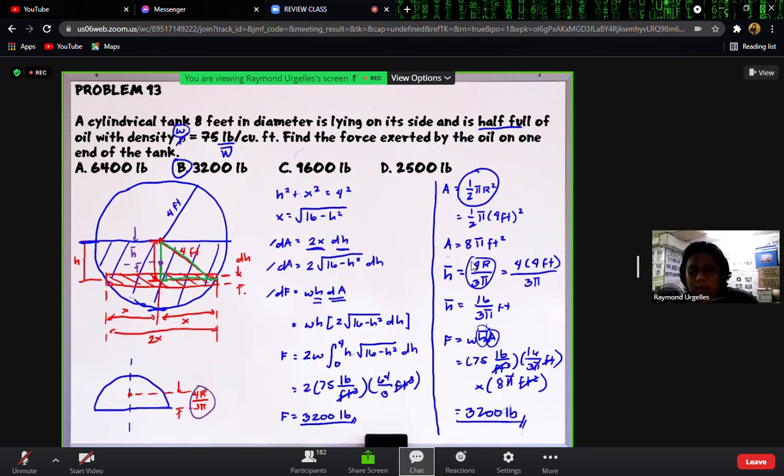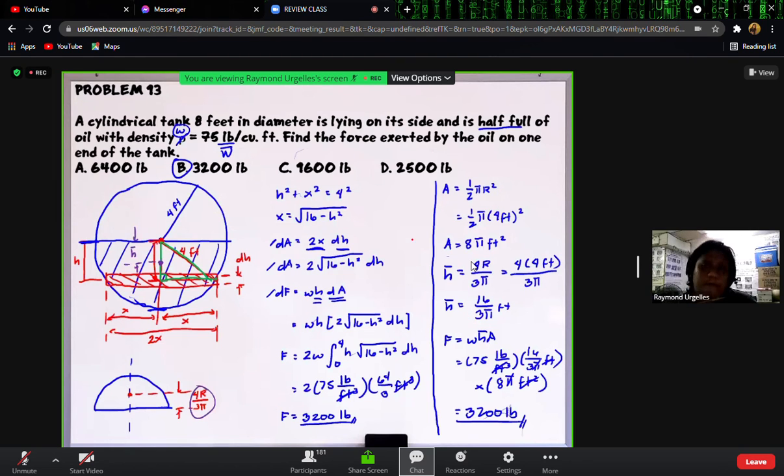So then tignan nyo kung ano yung magiging form ng equation, diba? Pero syempre limited lang siya dun sa mga figure, with the diameter at the surface, tapos semicircular shape, diba? So pero again, for different shapes, pwede nyo i-derive yung iba't ibang formula na pwedeng gamitin, diba? So pero kayo na yung bahala kung gusto nyo gawin, diba? Okay? So ang importante, alam nyo pa paano yung paraan ng pag-solve, diba? Okay? So any questions? Diba?